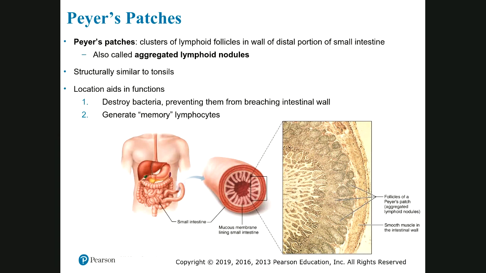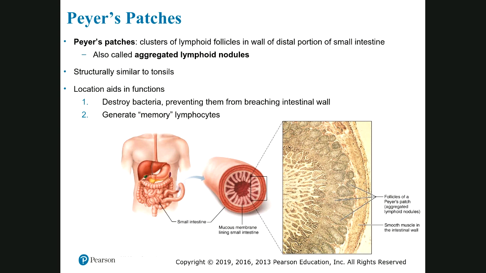This is very important to remember: 70% of our immune system is in our gut. 70% of the immune defense that we have is from our gastrointestinal tract.